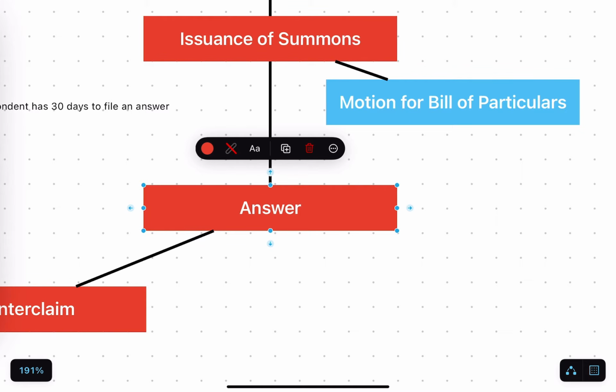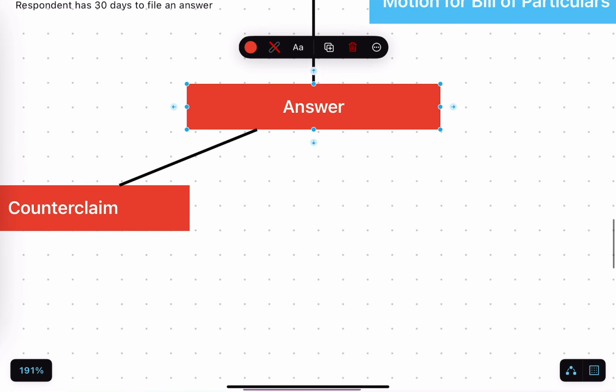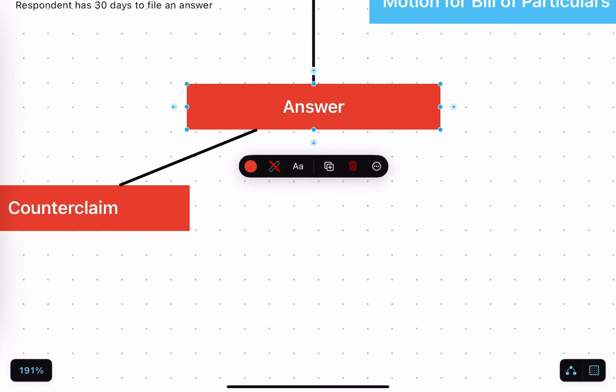But kung nakafile naman siya ng answer on time, then the court will now proceed with the determination kung they would resort to judgment on the pleadings or summary judgment, because this is possible.